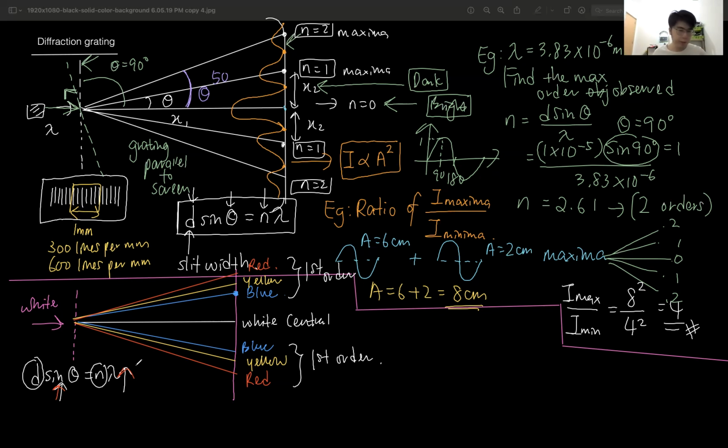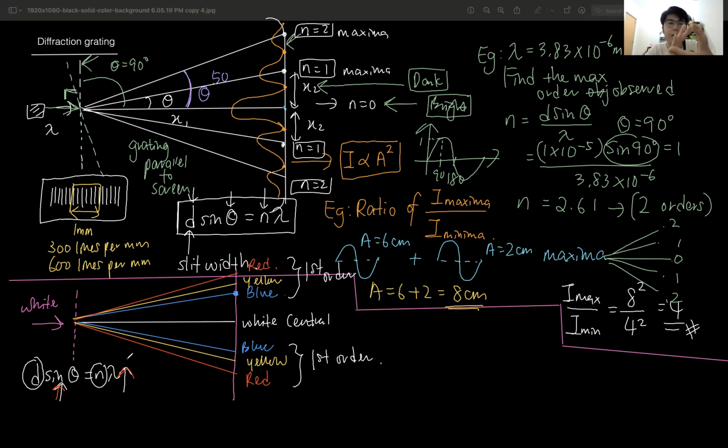Okay. The same thing you see on the underside of the DVD. Have you ever seen the CD, the DVD? There's 2 sides, right? The underside is where the player reads, right? If you look at the underside, you see rainbow colors when you put it under the white light.